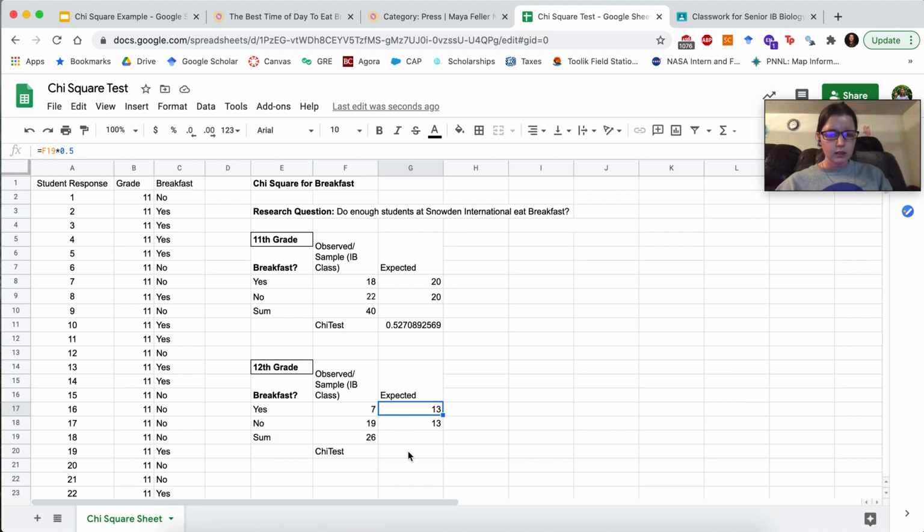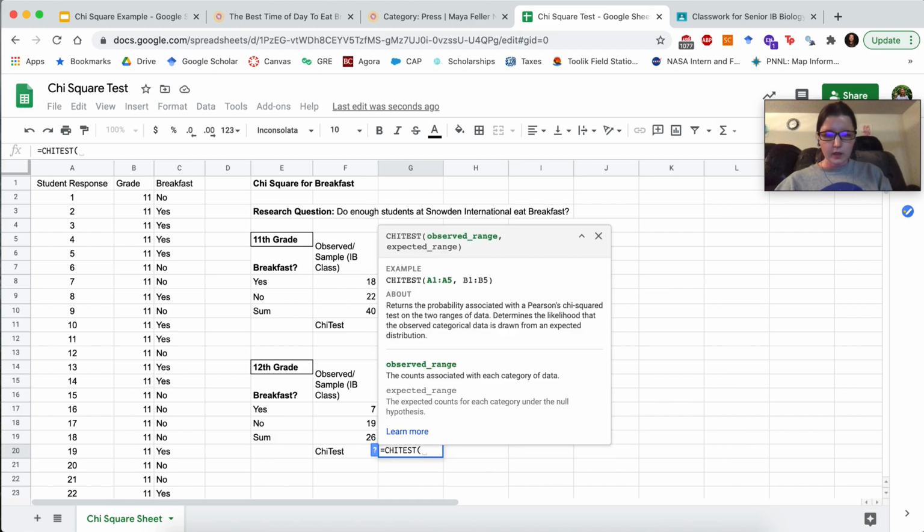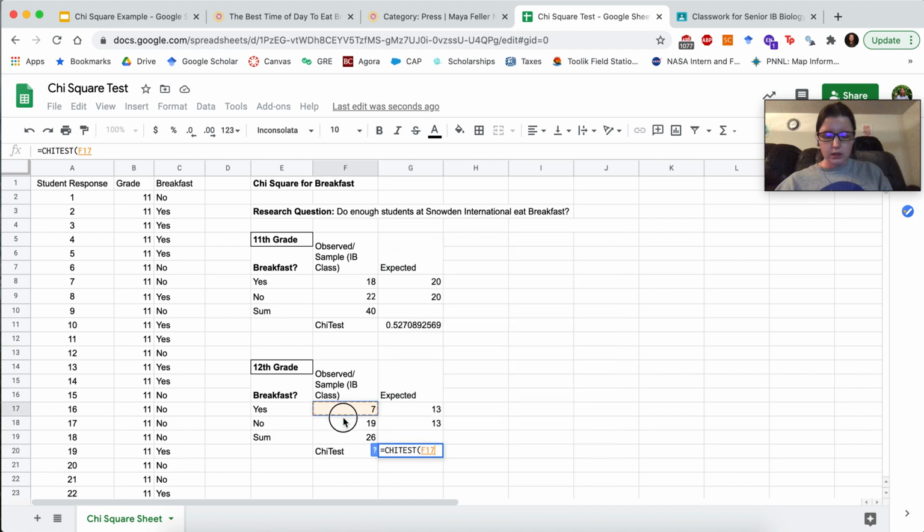Let's check. We'll do equals chi-test. Our observed is here. That's the sample. And our expected is here. We get 0.0186.